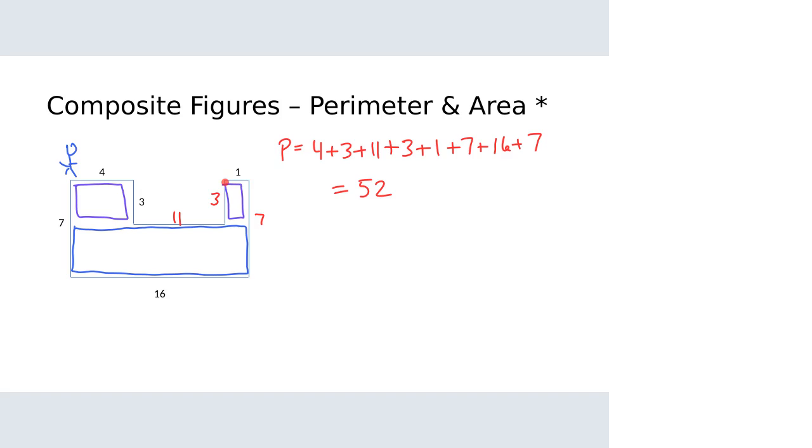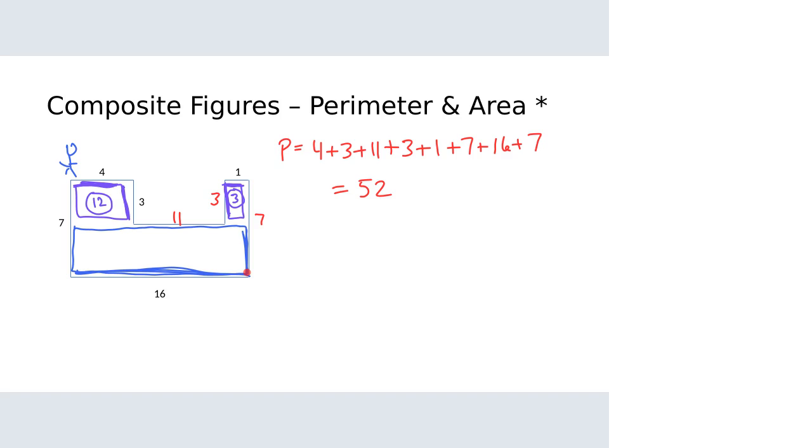We saw that in the previous one. Up here, I'm 4 by 3, so that has an area of 12. This is 1 by 3, so that has an area of 3. And then down at the bottom, it's 16 by, I don't know how long that is.